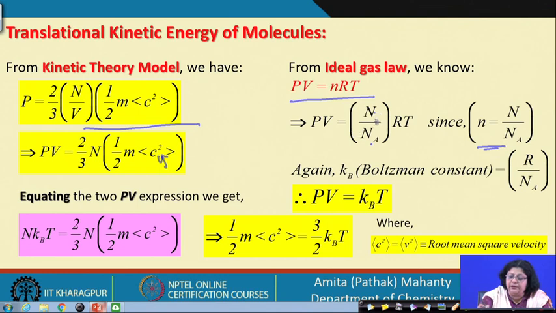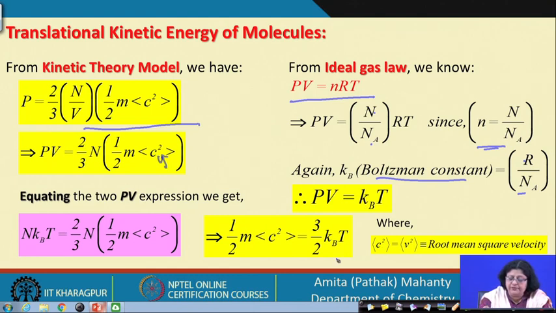So, PV equals N by the Avogadro number into R into T, and we know another relationship, the Boltzmann constant: the gas constant divided by the Avogadro number is equal to the Boltzmann constant. So, I can rewrite the whole thing in terms of the Boltzmann constant, PV equals N k T. We usually do not say k_B, but say kT; the subscript B is written to represent that it is the Boltzmann constant.